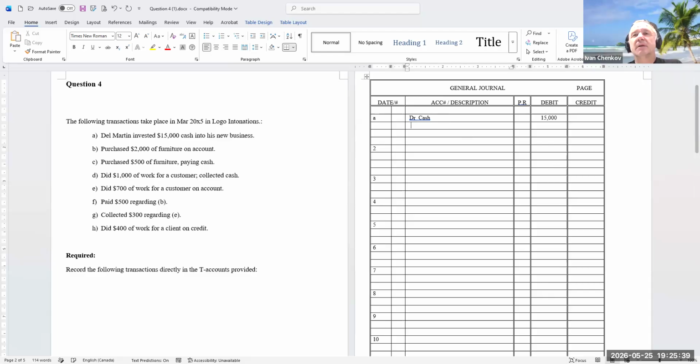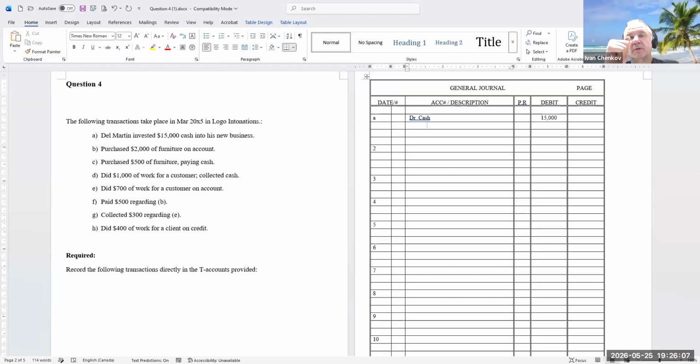So why did the company get the $15,000 cash? Because the owner invested. When the owner invests cash, what's going to happen? Now he's going to have his own account, right? Owner's account. The business is going to owe money to the owner. But that's not going to be liability, that's going to be equity, correct? For the equity, normal balance is credit.